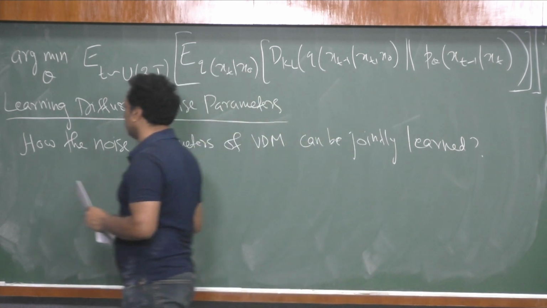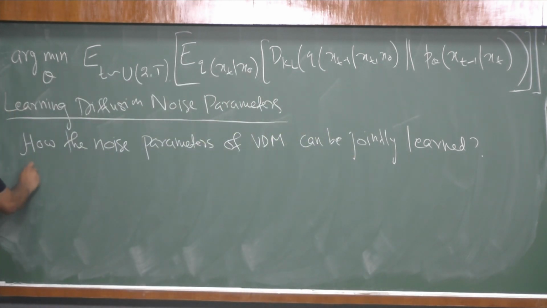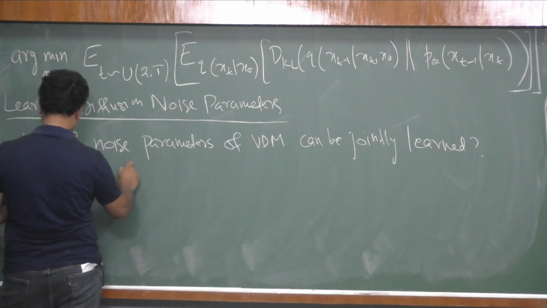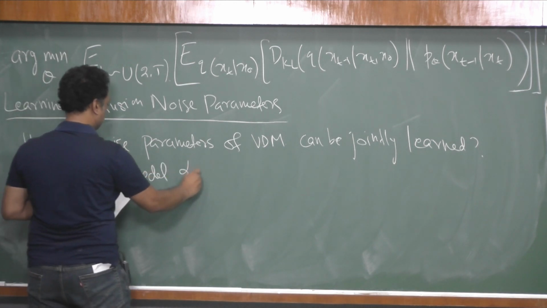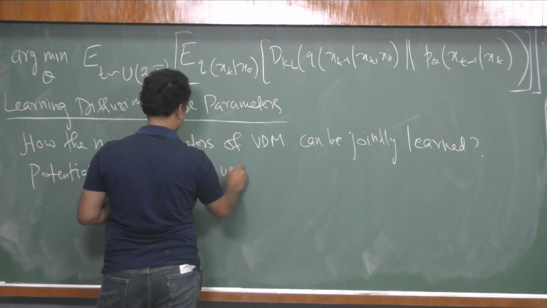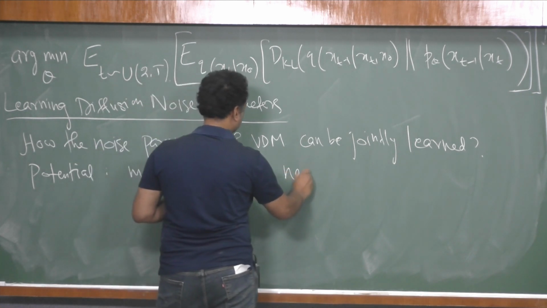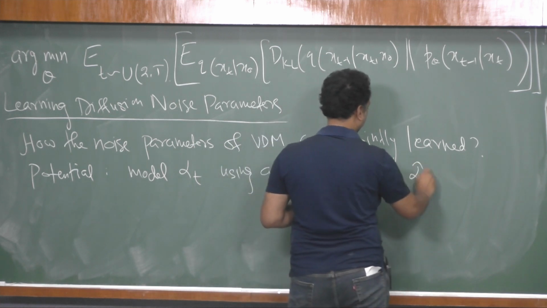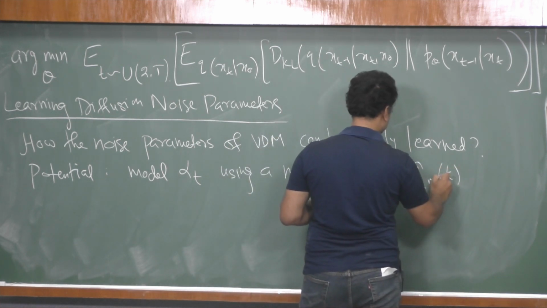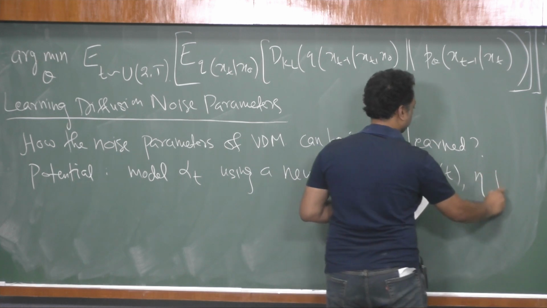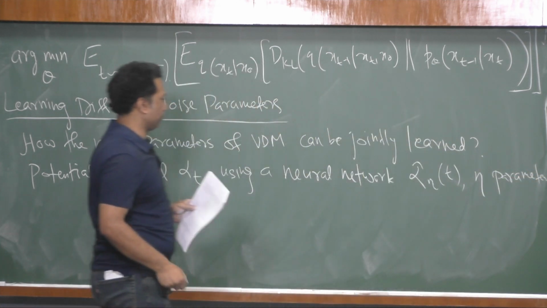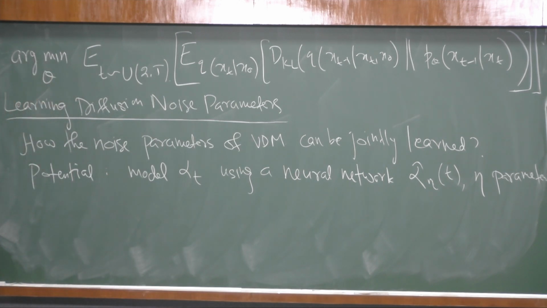So one potential approach is to model alpha t using a neural network, let us say alpha hat with parameters eta t, where eta t are the parameters of the neural network. So this is one possibility to learn this alpha t.